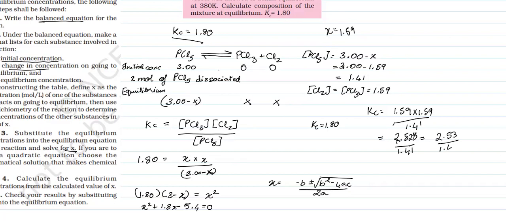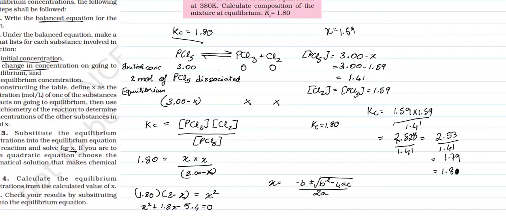And then if you divide it by 1.41, you get about 1.79, which is equal to 1.80 by rounding it to significant figures. Actually, 1.8, more like. Point is, it's approximately equal to the original value of Kc.